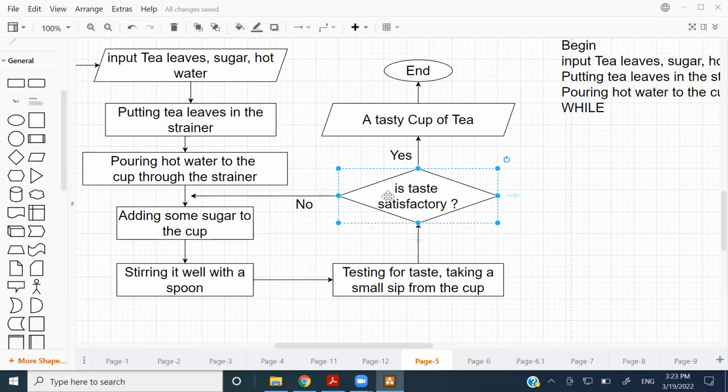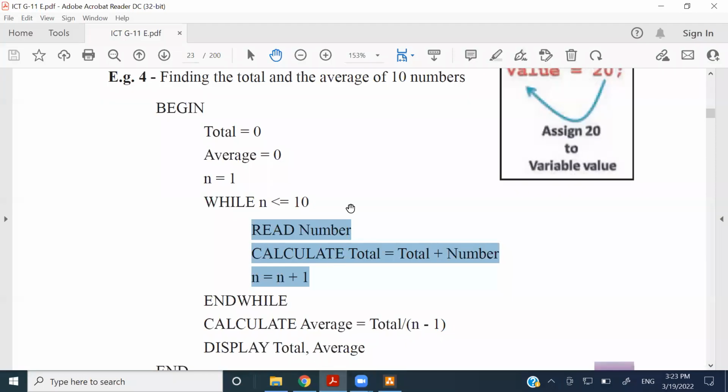Are you clear with that, people? Okay. Then one more thing for you to understand. Now, when it comes to this example, these three things happen when this condition is true, right?